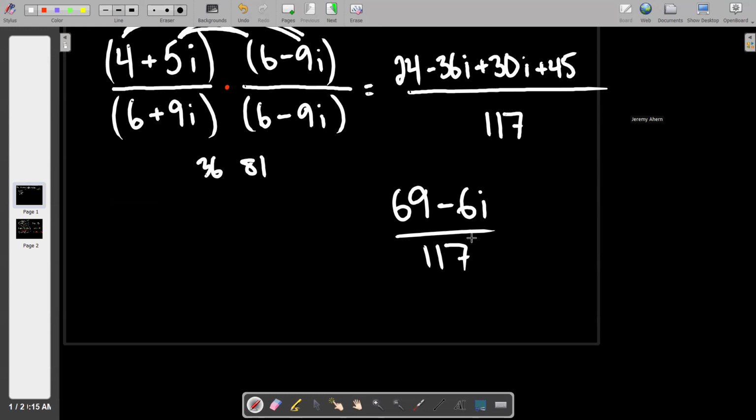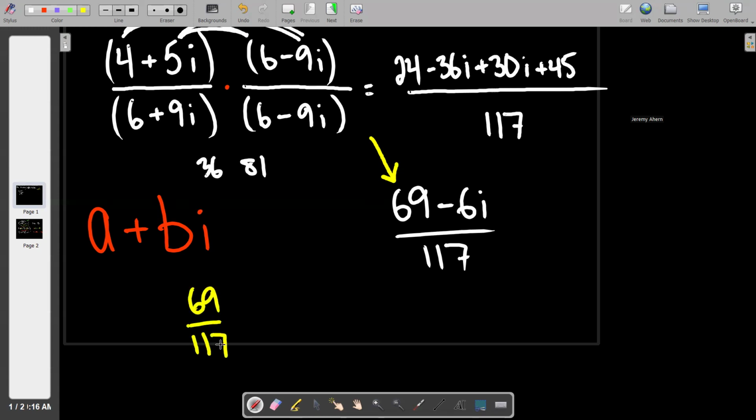And then the final step in this process is that all answers need to be written in standard complex form, which, remember, is a plus bi. So all you simply have to do, follow my arrows if you'd be so gracious: your a is going to come from this direction right here, and that's going to be the number 69 over 117.